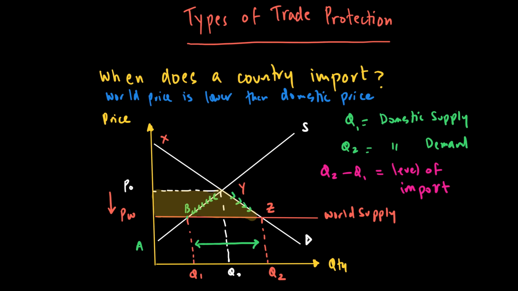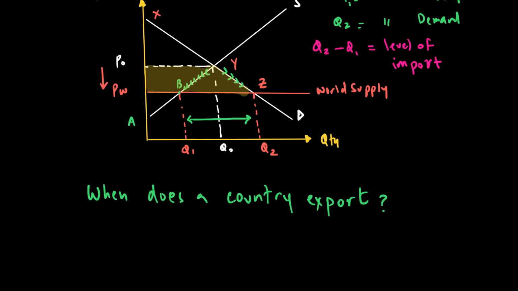Q0 minus Q1 are those domestic producers who are not producing anymore because now this amount is being imported. Similarly, Q2 minus Q0 consumers who were previously not getting the good are now getting the good. So this is good news for both the domestic consumers as well as world efficiency, as welfare is going up.